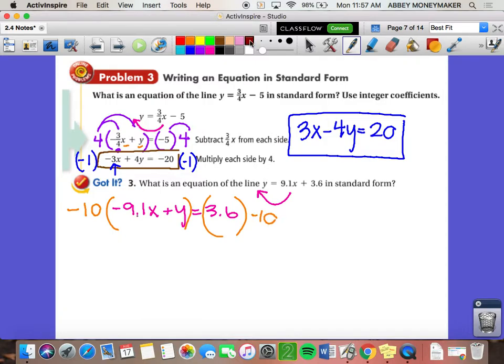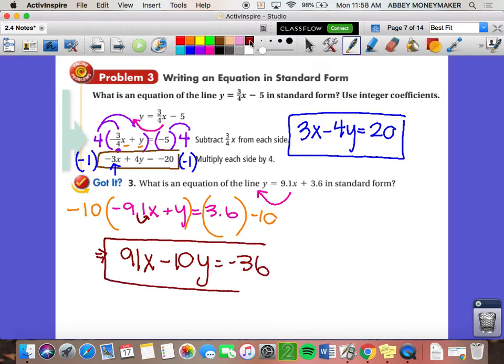Because by multiplying by 10, it's going to move that decimal to the back, and I end up with the following equation. 91x minus 10y is equal to negative 36. You might not have known to do the 10 right off the bat, but hopefully after seeing me do it, you're like, oh, yeah, okay, yeah.